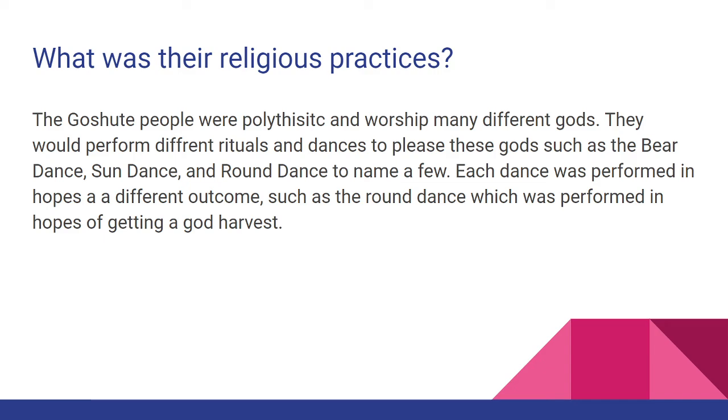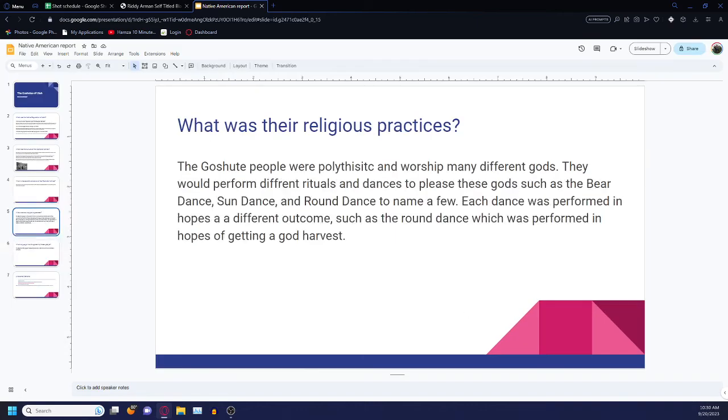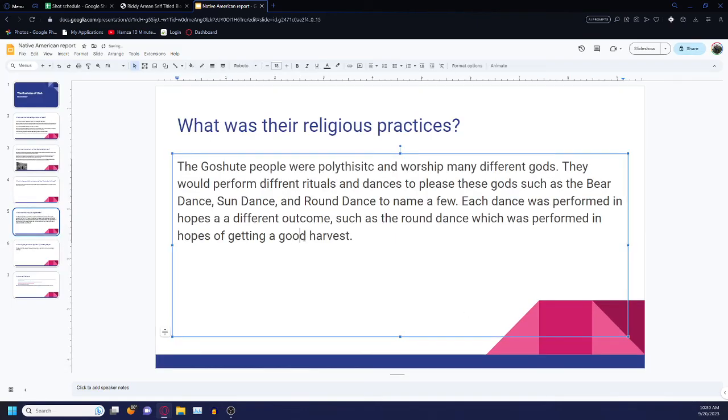They would perform rituals to please the gods, such as the bear dance, the sun dance, and the round dance. The round dance, for example, was used to please their god of the harvest, and so they would perform it in hope of getting a good harvest.